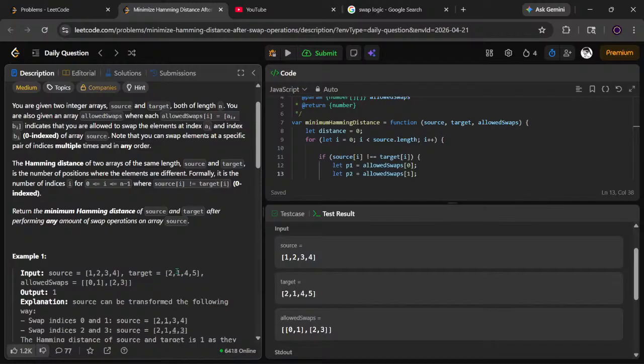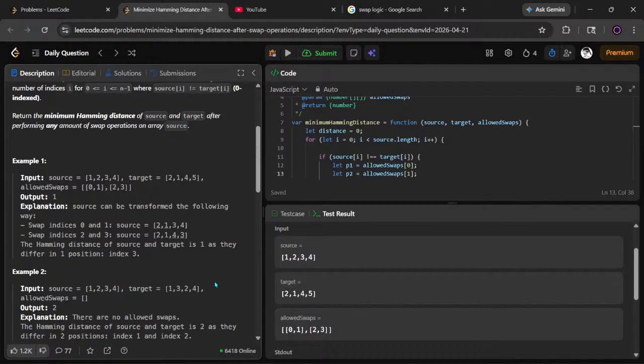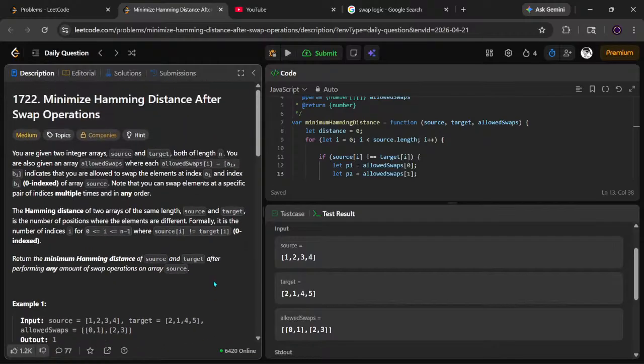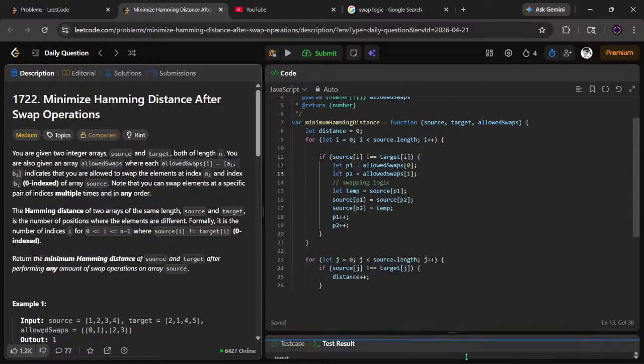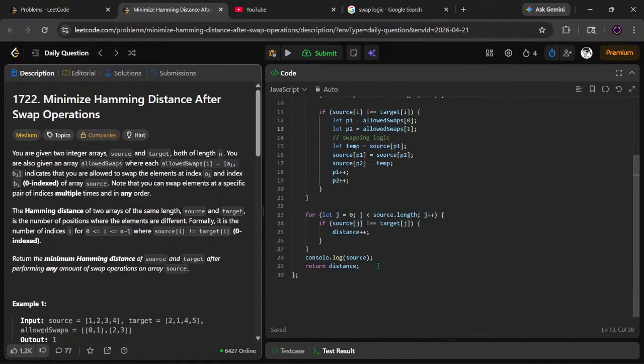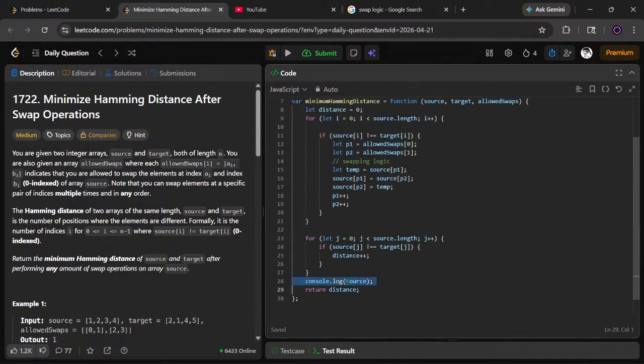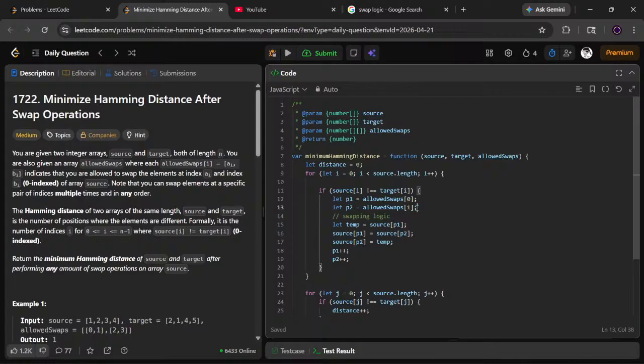Oh, this is crazy. My solution is not working. This is wrong, but the swapping logic is right.